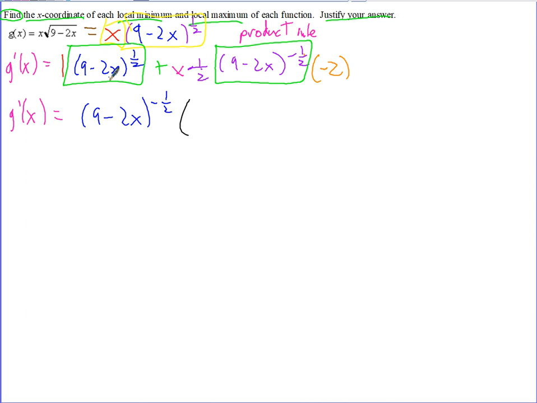And what's going to be left here is 9 minus 2x. And the exponents have to add up to be 1/2, so it has to be a positive 1. Positive 1 and negative 1/2 add up to be positive 1/2. And then I'm going to bring this negative from right here out in front. Notice the 2's reduced out. So we completely factor out the negative 1/2, so all we're left with is x.